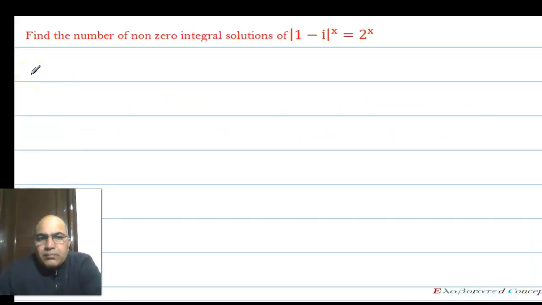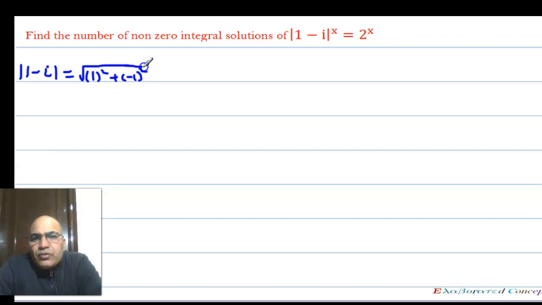In this problem, first of all we find mod of 1 minus iota, which is equal to root of 1 square plus minus 1 square, which is equal to root 2. Therefore, we put the value of mod of 1 minus iota in the question.